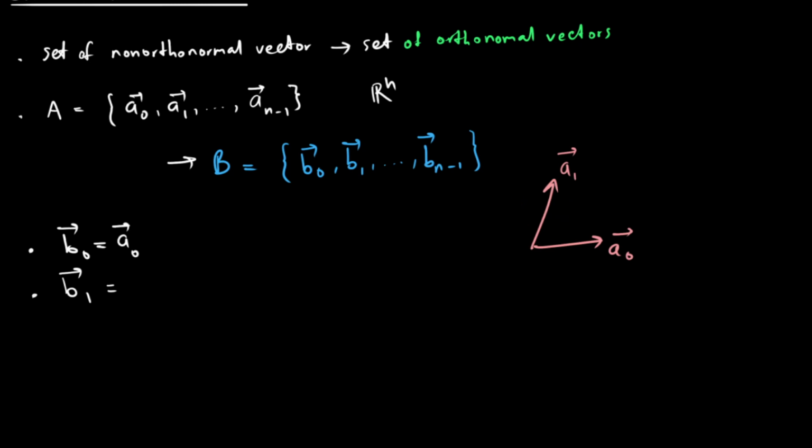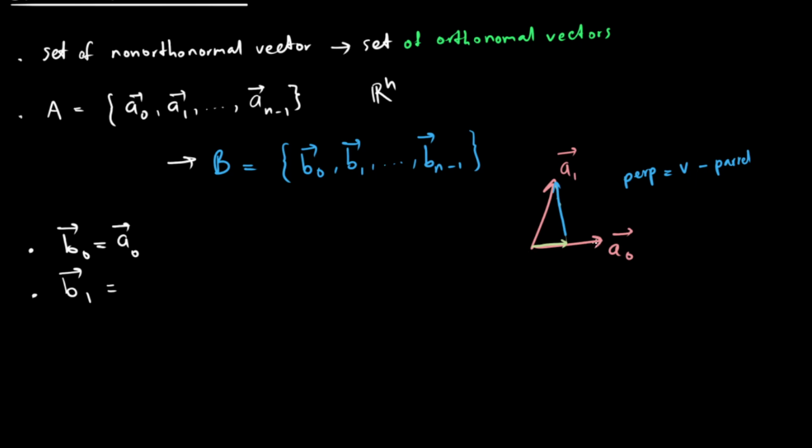To do that, we first project A1 onto A0, this vector right here. And then to get the perpendicular component, we take A1 and subtract the parallel component.